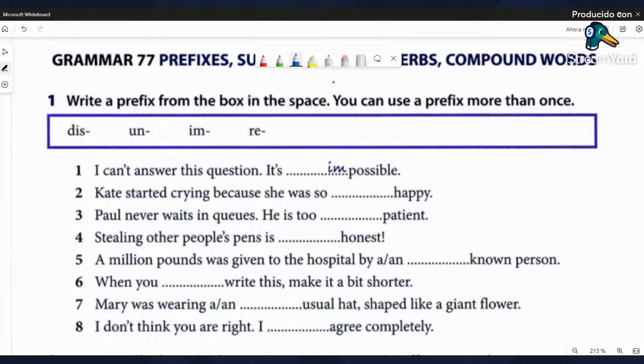So if I want to say not happy, this one doesn't go with it, because we're not trying to repeat something or do it again. So here we need a word that means not happy, so it would be un or im. Which one do you think is the best answer? Unhappy, or imhappy?